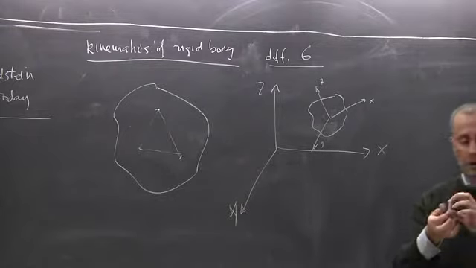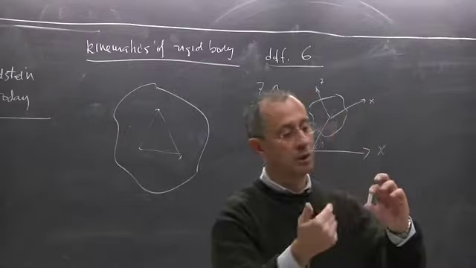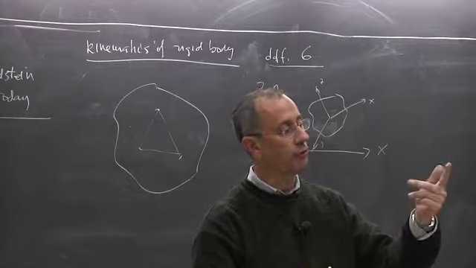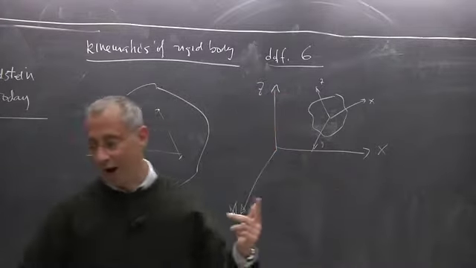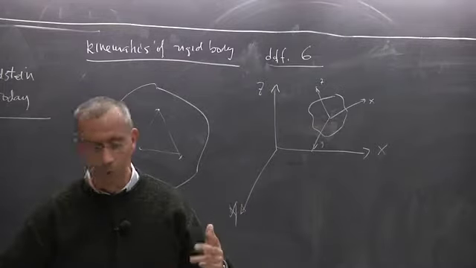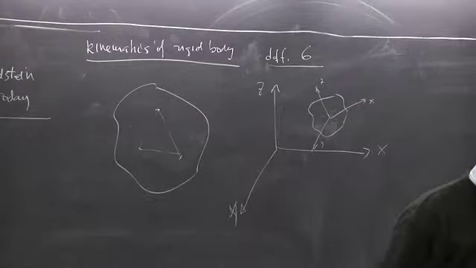You take the chalk, you put something fixed on the chalk with 3 axes, then the relative position of this new set of axes with respect to some arbitrary set of axes defined at rest, so to speak, in the room, that gives you the position of your rigid body.